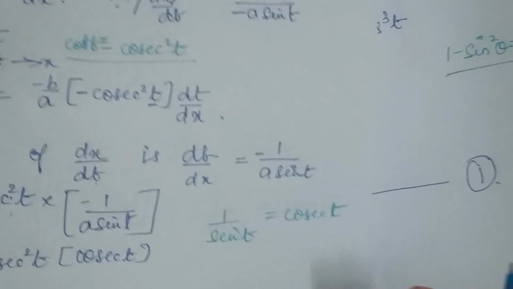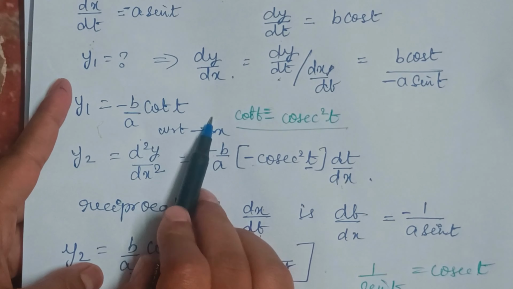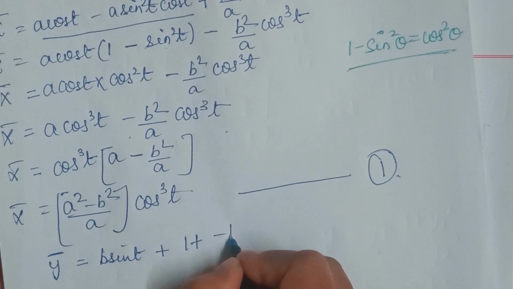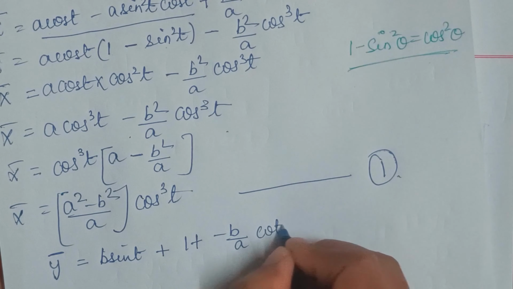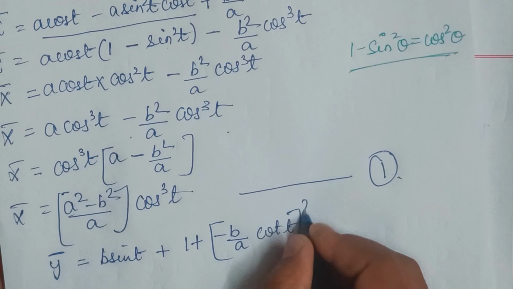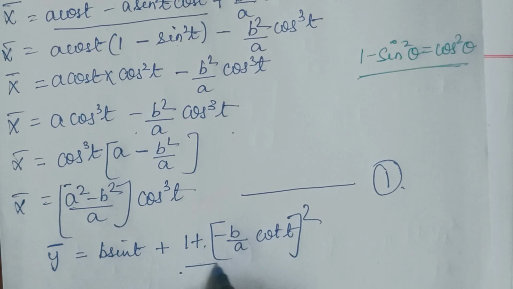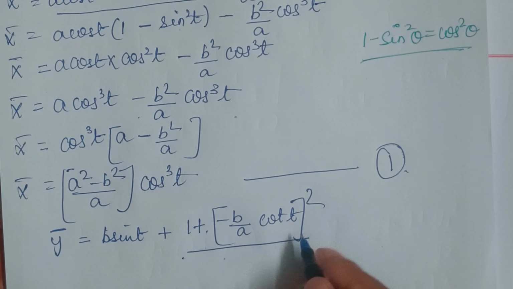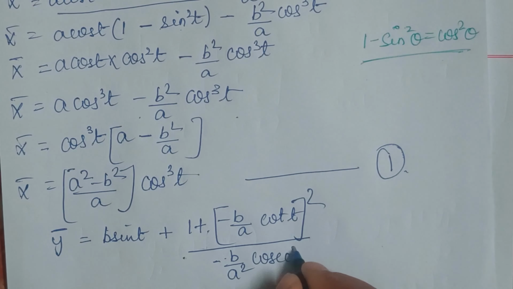What is y1 square? y1 is minus b by a cot t. So it will become the whole square. So minus b by a cot t the whole square, divided by, so this whole divided by y2. What is y2? y2 is minus b by a square cosecant cube t.